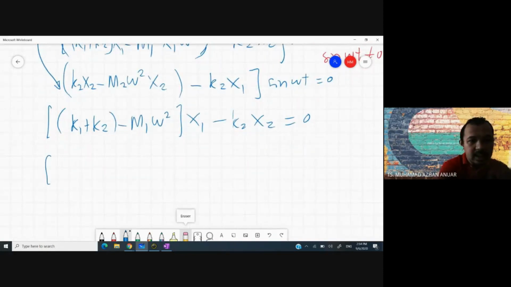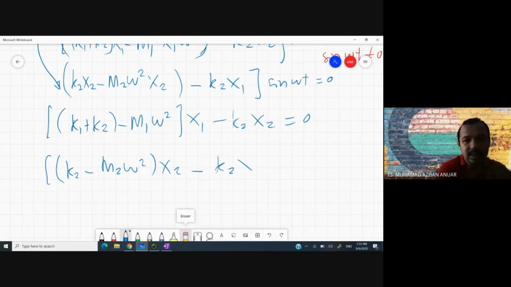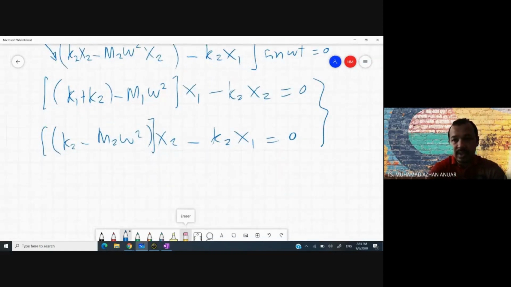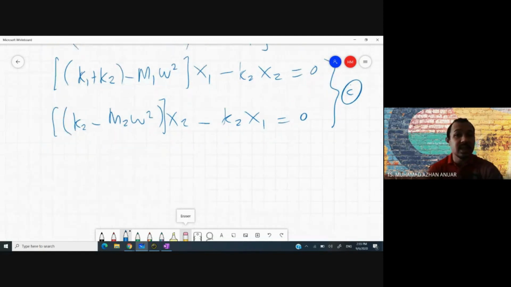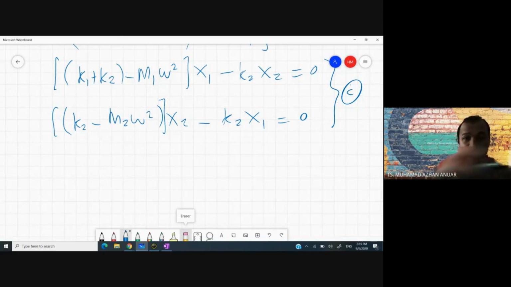And then we arrange everything back: k2 minus m2 omega square, the whole thing we multiply by x2, and then minus k2 x1, is equal to 0. Okay, so this is the new arrangement of our equation. So let's call this one, let's say, equation C. That is the new arrangement using the estimated response. All right, so now let's arrange this one in matrix representation.